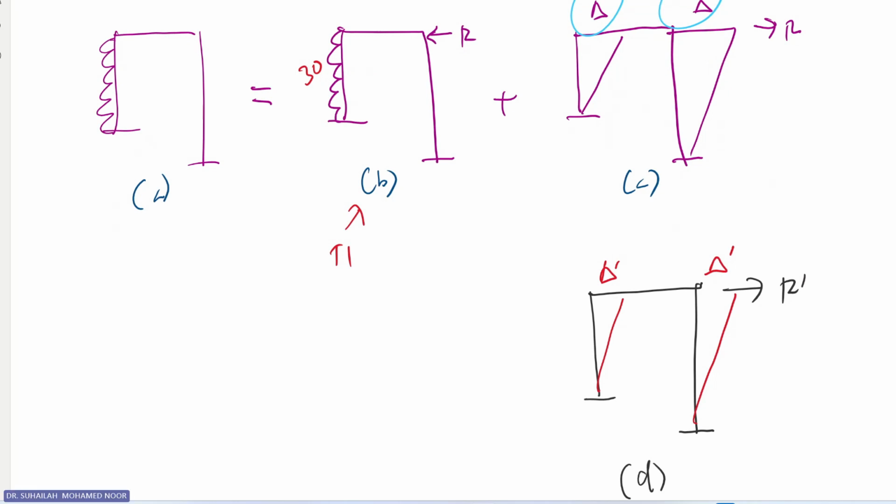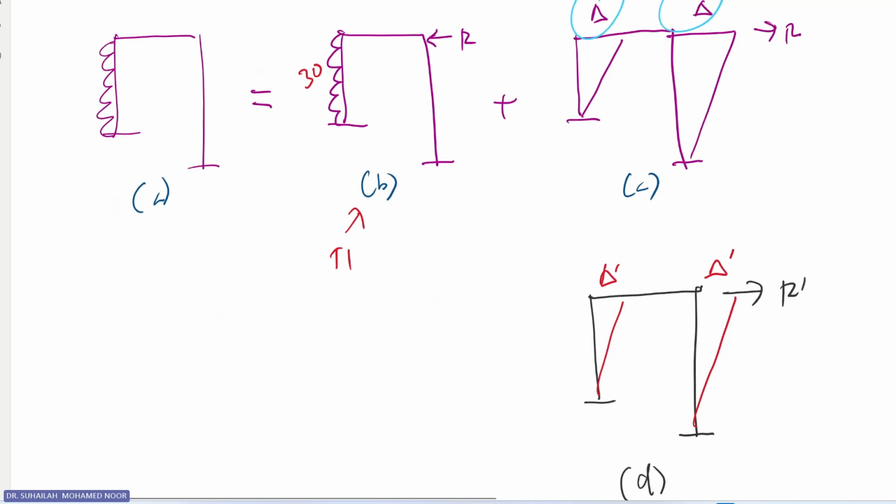So under this step, we have to assume FEM. That means we cannot assume based on the real one, but we can assume the artificial one.